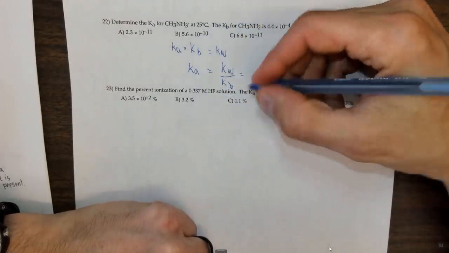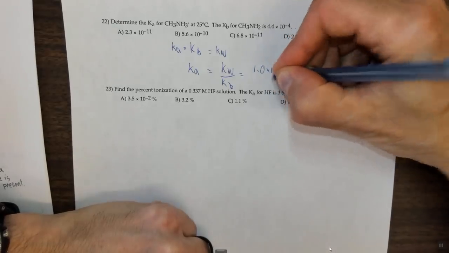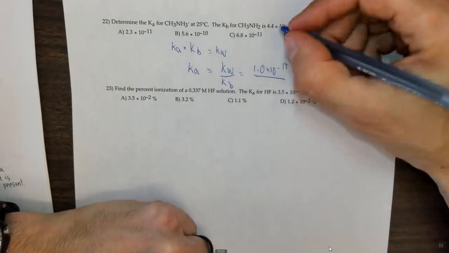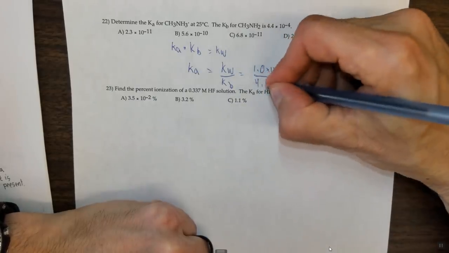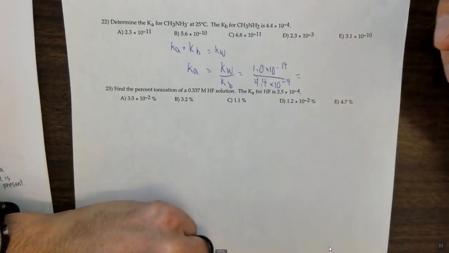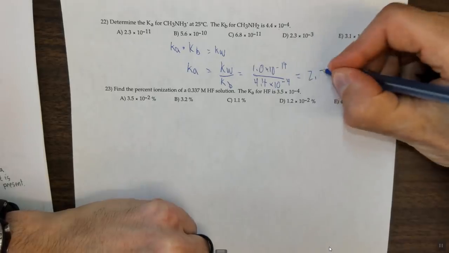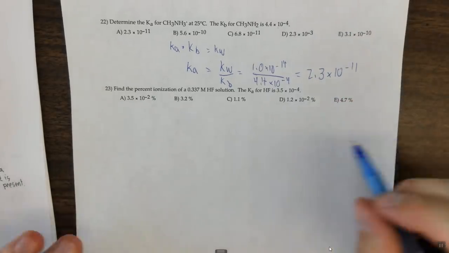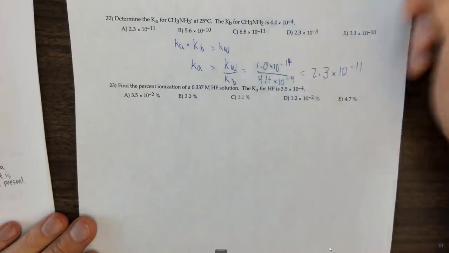Well, Kw is a constant, 1 times 10 to the minus 14. And the Kb in this case is given, 4.4 times 10 to the minus 4. When I do that math, I get 2.3 times 10 to the minus 11, which is choice letter A.